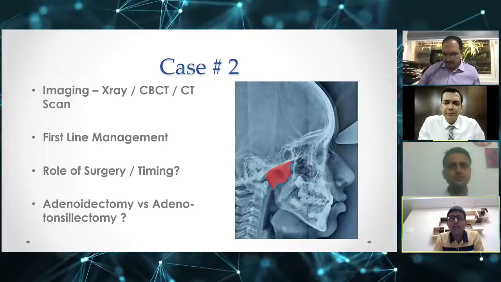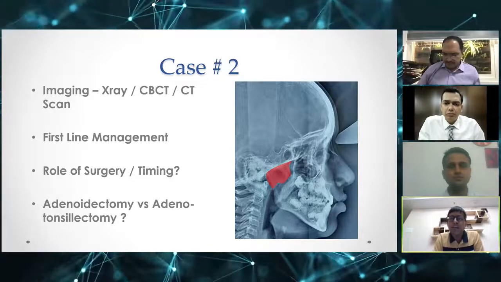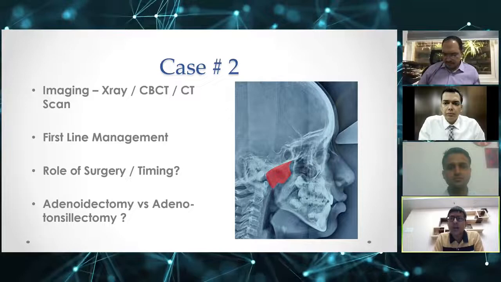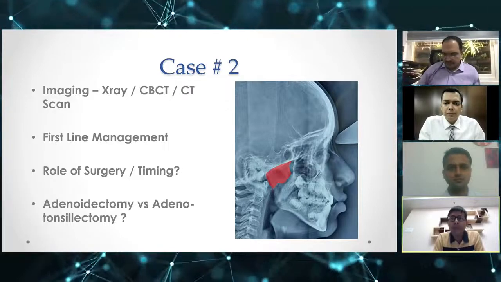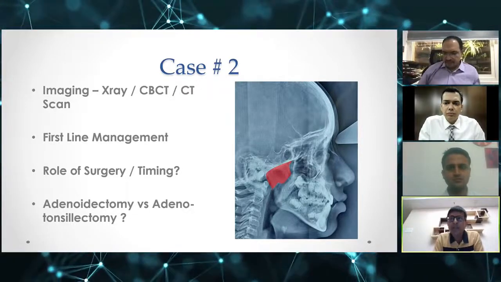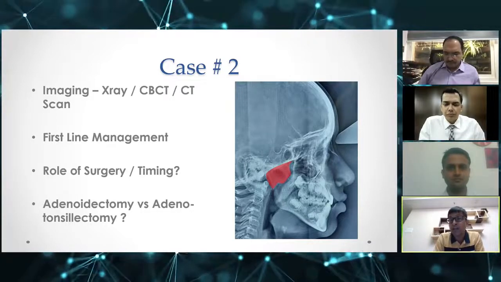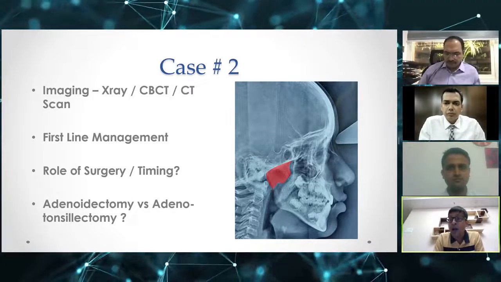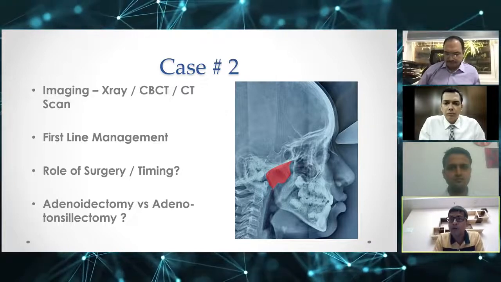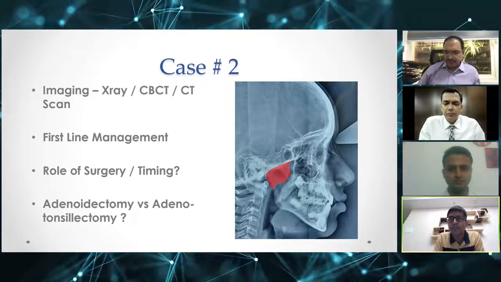Perfect. I will go for adenoid and tonsil both, because we know many times there are endophytic tonsils, particularly the upper pole of the tonsils, which is pressing upon the airway. So just by looking at the tonsil, even if it does not look like a grade 3 or 4, if I am treating an SDB, I will go for tonsil and adenoid both simultaneously.